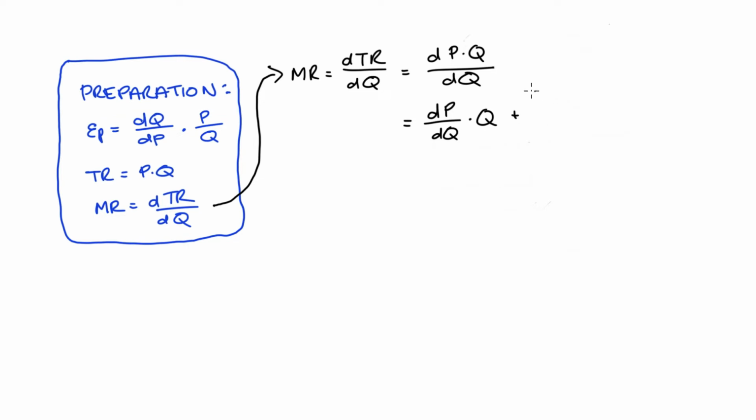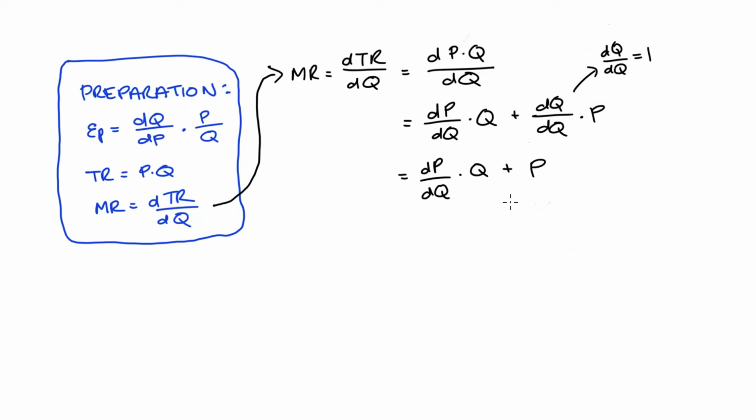And then we add to that the derivative of the second function with respect to q, so dq dq, and we multiply it by the first function, which is just p. In order to simplify what we have here, we can note that dq dq is just equal to 1, since quantity moves at a 1-to-1 ratio with itself. So we're left with dp dq times q plus p multiplied by 1, so just p.